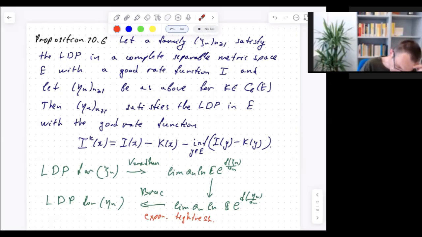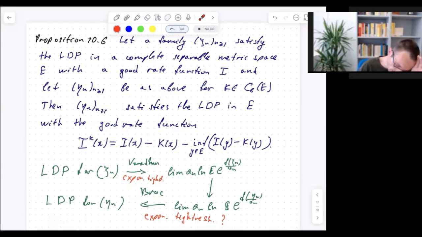So here we have exponential tightness for free. To realize this picture fully, we need to prove the exponential tightness for the random variables eta n, using the exponential tightness for psi n. This is the first step that we want to do.